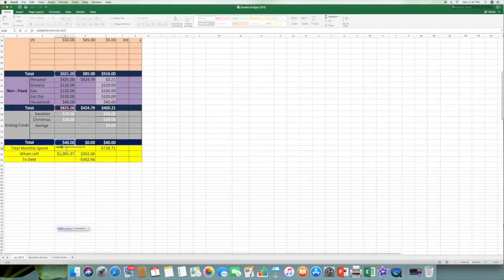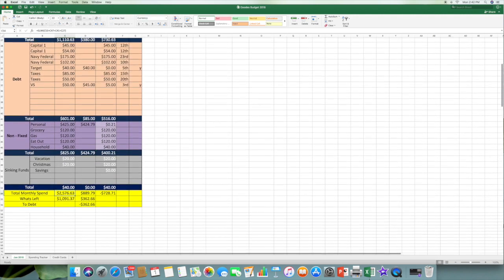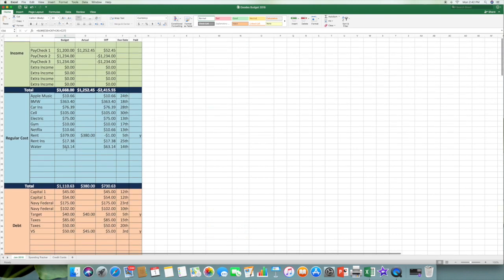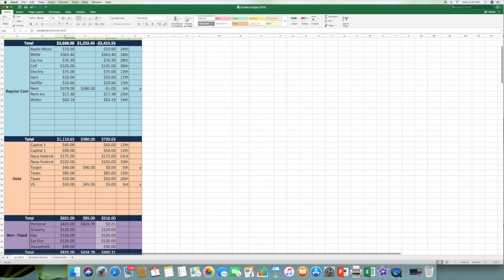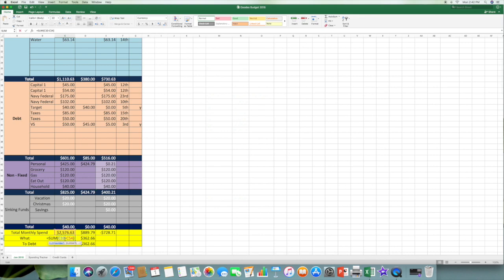So it is adding up all those totals and saying your total monthly spend, without factoring in your income, is $2,576.63. So that is how much I am spending a month on regular costs, my debts, my non-fixed, and my sinking funds.